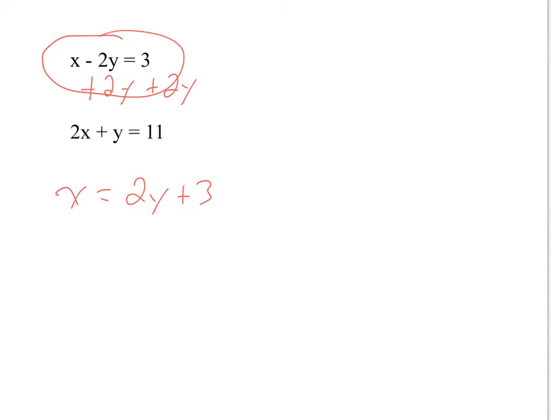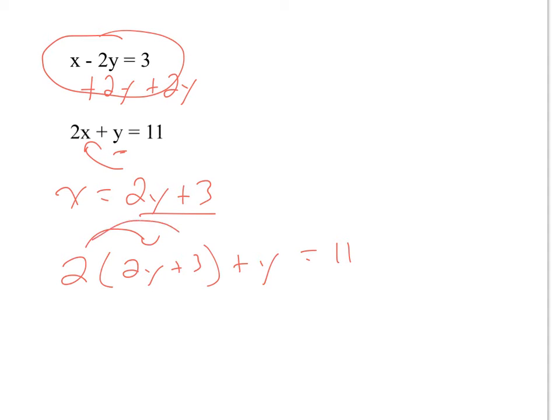I'm now going to take that and I'm going to plug it in. I'm going to take this x right here, which is 2y plus 3, and plug it in right there. So I have 2 times x, which is 2y plus 3, plus y, that's this guy right here, is equal to 11. I'm going to distribute.